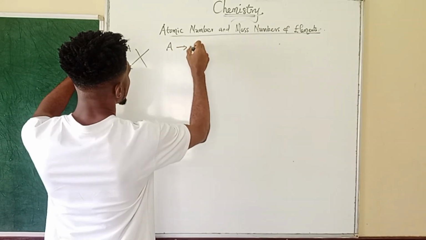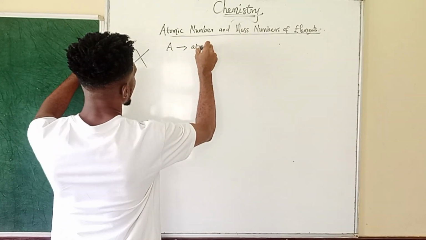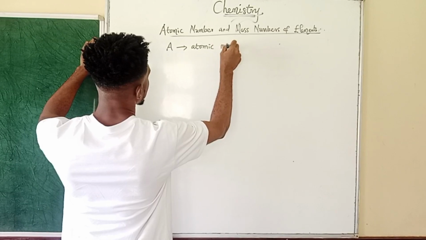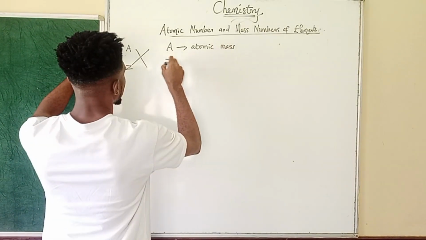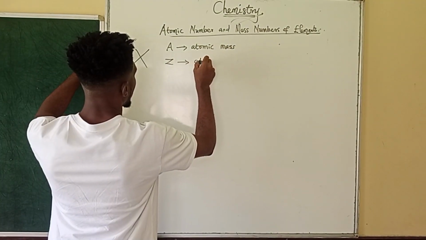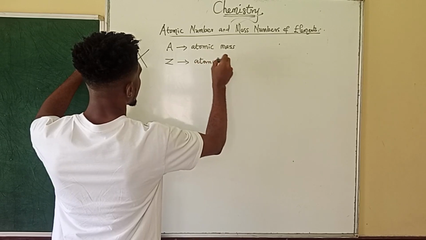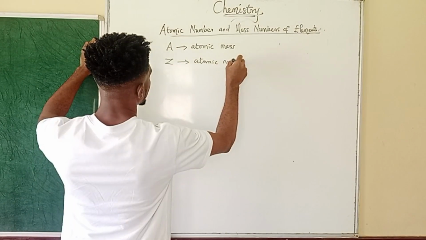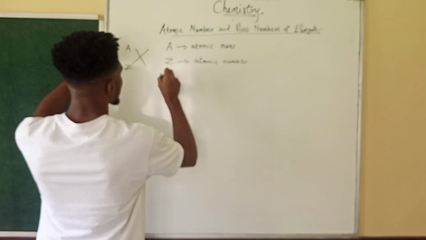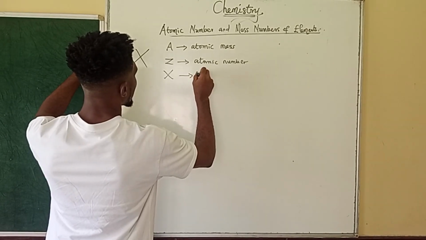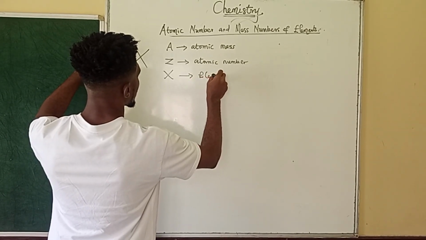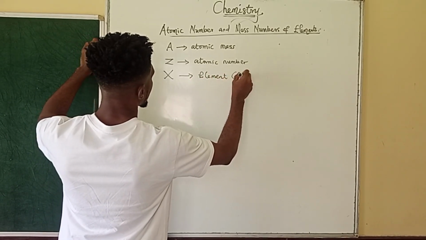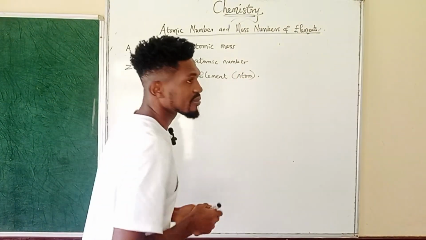A represents atomic mass, Z represents atomic number, and then X is the element or atom, as the case may be.